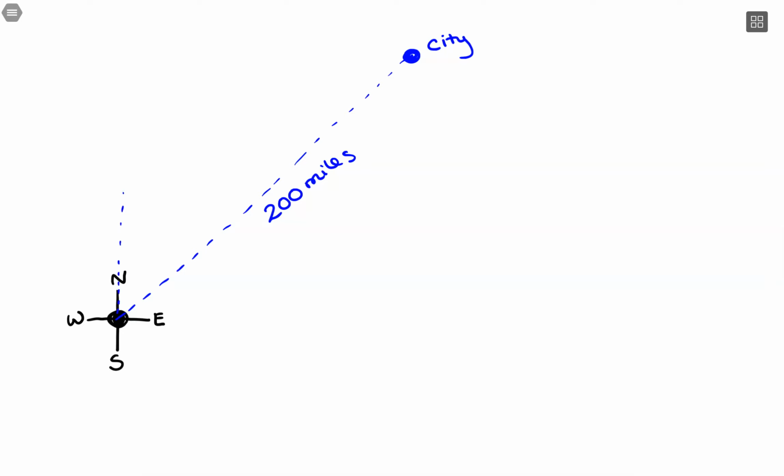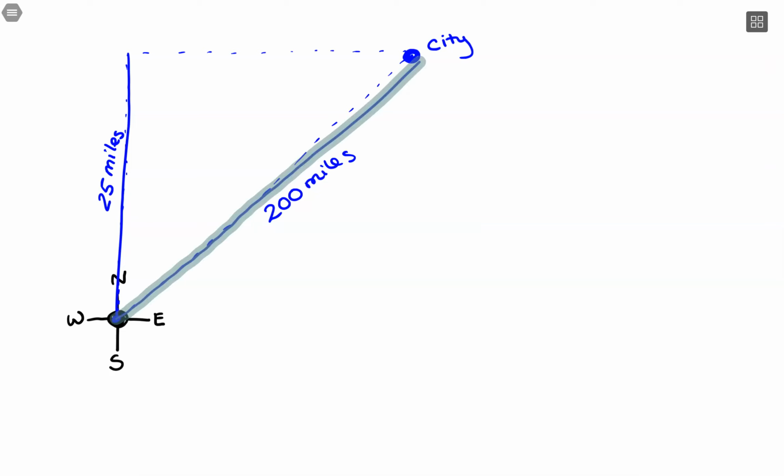So I know this distance here, just going directly up, and if we went over from there, just that distance up north is 25 miles. So we're getting these pieces here. We have these 25 miles from our current location, and then we have these 200 miles in this northeast direction. And then we didn't really talk about this distance directly east, and it doesn't really matter.